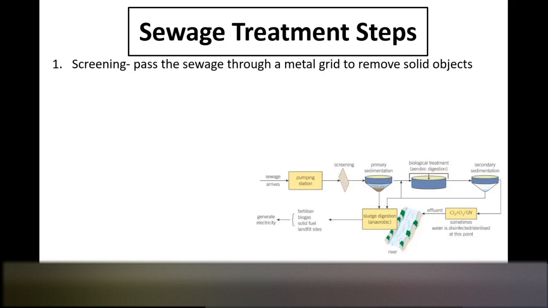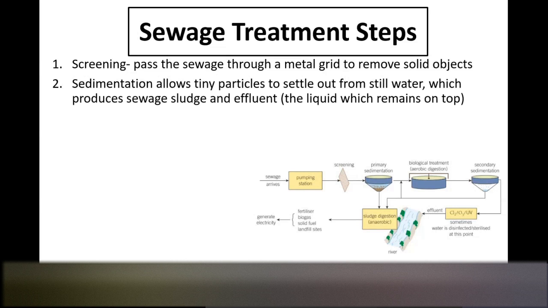The second step is something called sedimentation. Any tiny particles, because remember the grids will only catch larger particles, some of the small particles are still going to be able to go through. So the tiny particles settle out from the water, settling to the bottom, and that will produce something called a sludge, a sewage sludge.